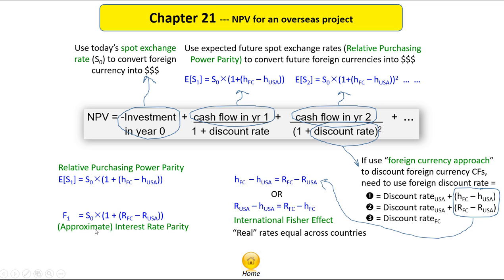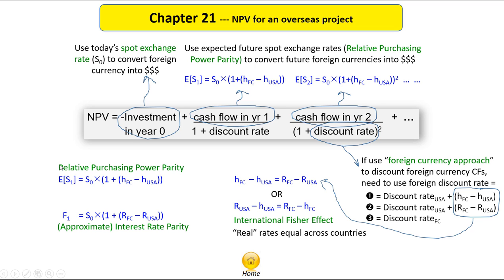Then we also had an interest rate parity, and we call it approximate, which says 1 year forward rate F subscript 1 equals today's spot exchange rate S subscript 0 multiplied by, open parenthesis, 1 plus the difference between the foreign country's risk-free rate and the US risk-free rate.